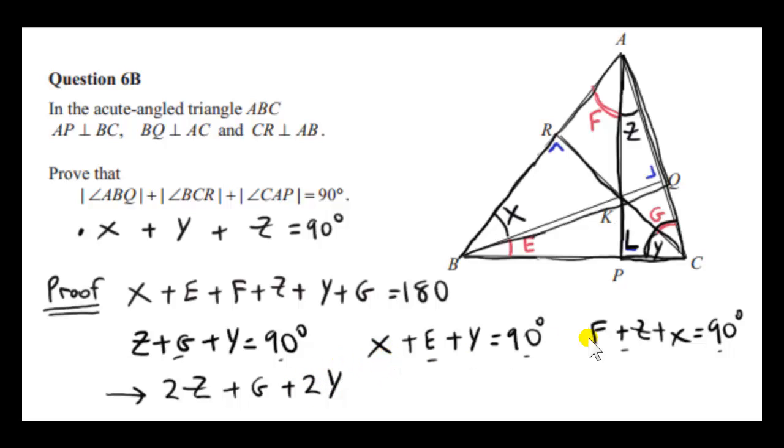X plus x is 2x. So I'm just adding the left hand sides of the 3 equations together. We need the E and the F. So that's what we get, and we add the right hand sides, 90 plus 90 plus 90. That's 270.